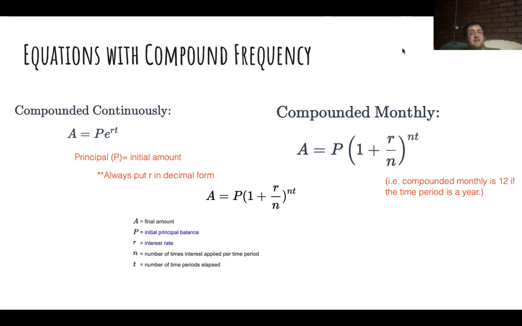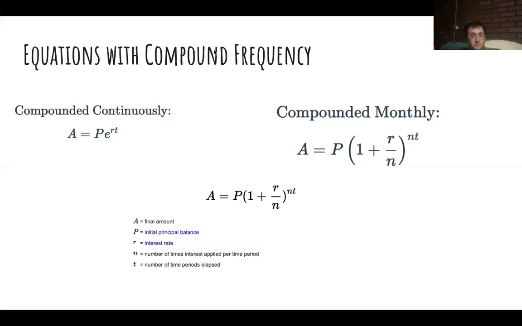So in summary, growth, you add the interest rate or add the percentage rate. Decay, you subtract the percentage rate.